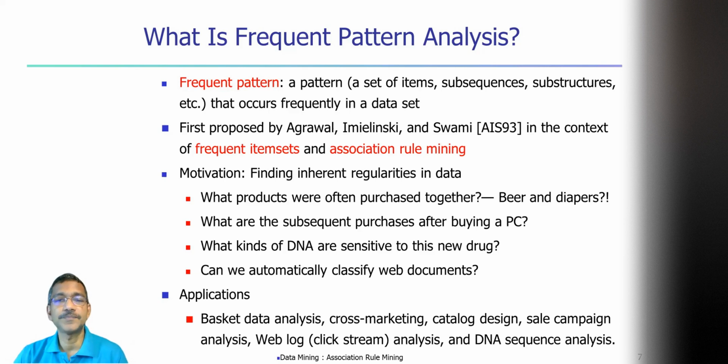And finding the frequent item sets or frequent patterns, and then within those frequent patterns, looking for any associations and correlations, was first introduced by Agrawal a long time ago, in 1993, right?